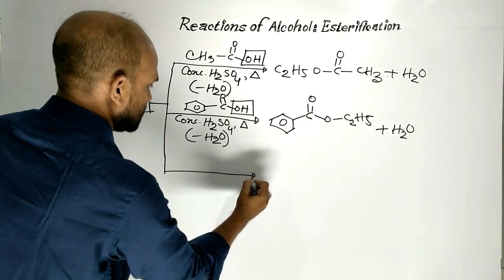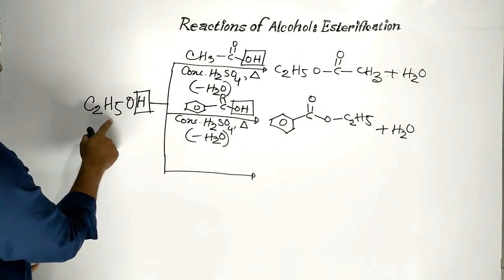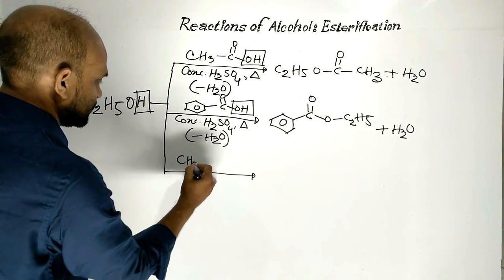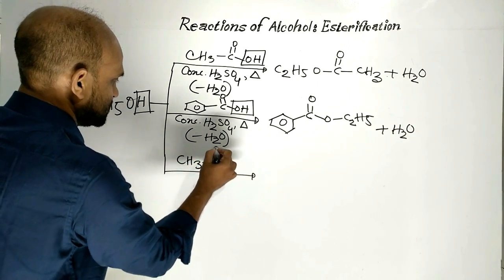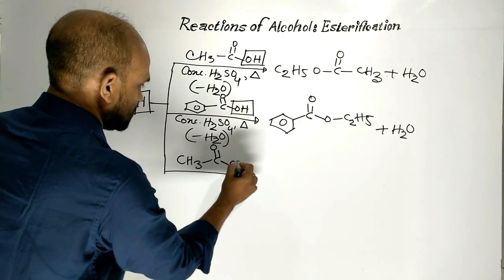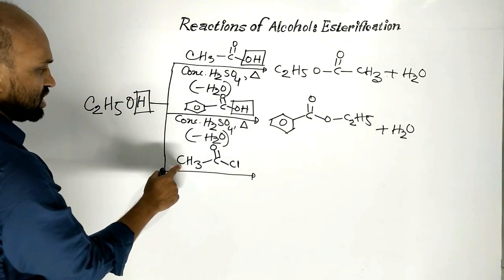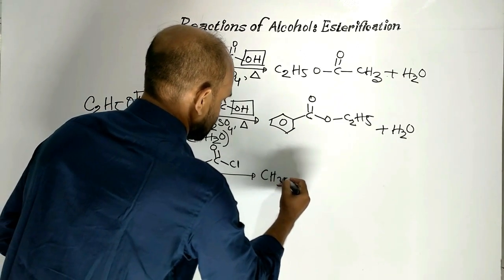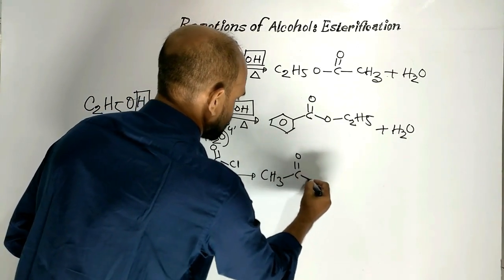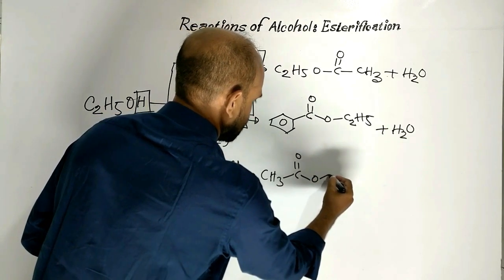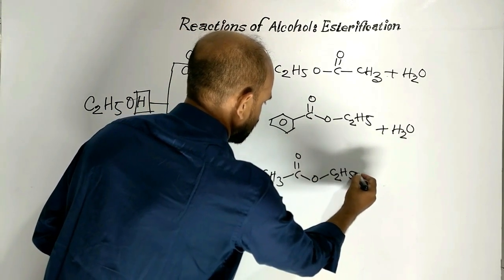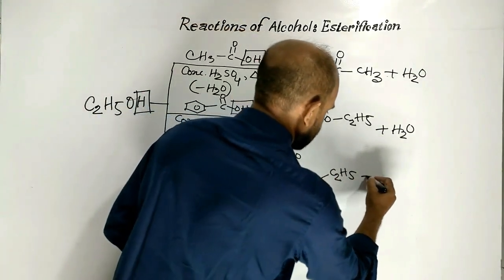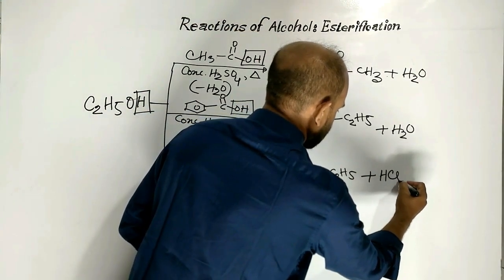Again, when ethanol is treated with carboxylic acid derivative, which is ethanoyl chloride, here this ester is formed. Ethyl ethanoate. Here byproduct is HCl.